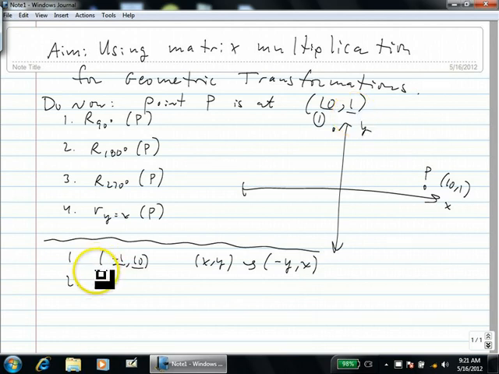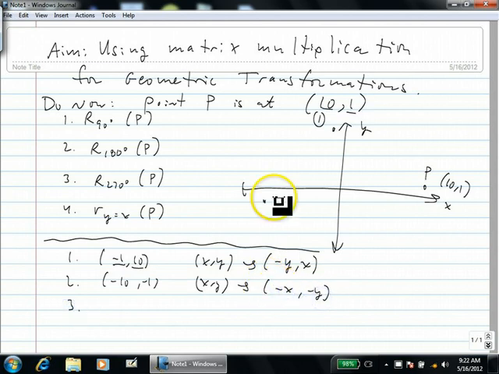For question number 2, when you rotate 90 degrees more, it ends up over here, which is at (-10, -1), and in general that 180 degree rotation becomes (-x, -y). For the third one, if I rotate another 90 degrees, it ends up over here, which is at (1, -10), and in general a 270 degree rotation is (y, -x).